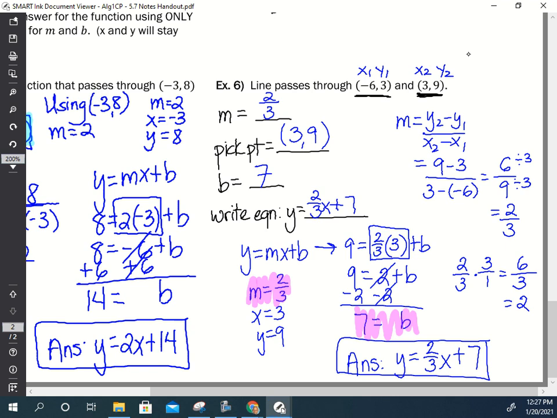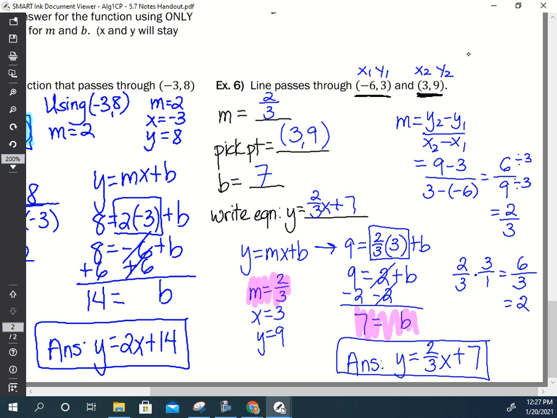All right, cool, thanks for letting me know that. Let's see here. Any questions? Example 6. I'm okay if you got it wrong, but I need you to know why it's wrong so that you can fix the mistake.